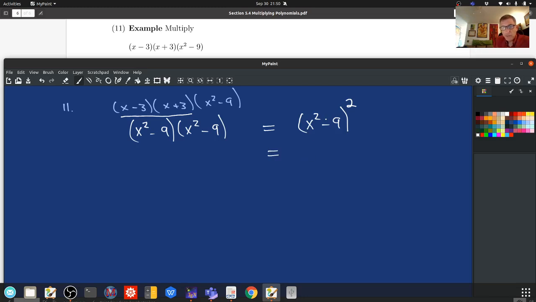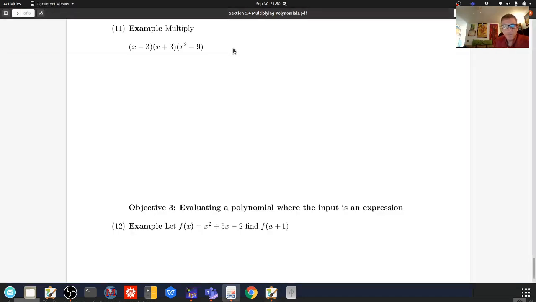So that's x squared squared, x to the 4th, minus 9 squared is plus 81. And then minus 9x squared times 2 is minus 18x squared. See how easy that one was, done completely in your head.